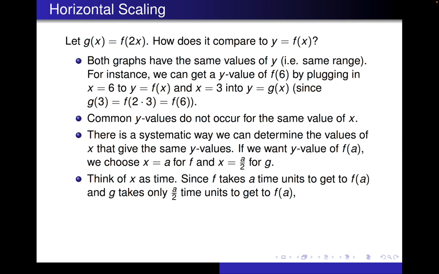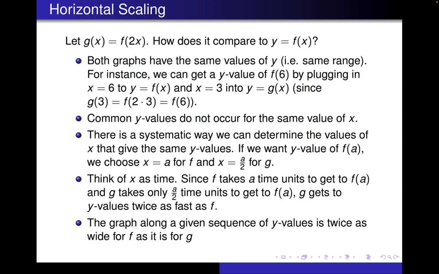However, for g, we'd only have to go to a over 2 to get to f of a, which means that g gets to the y values twice as fast as f does, right? If f takes a time units to get there, g only takes a over 2 time units to get there.